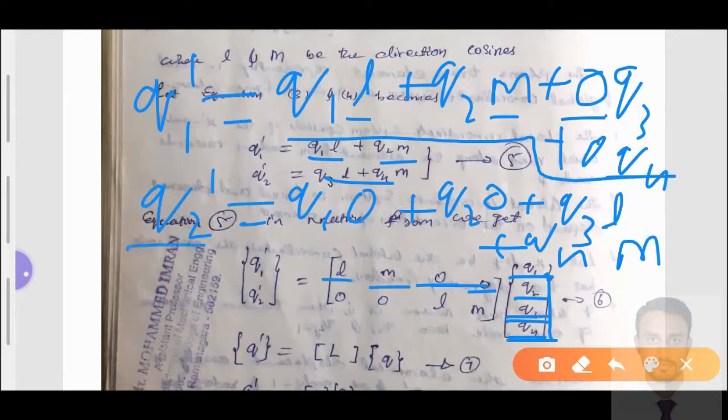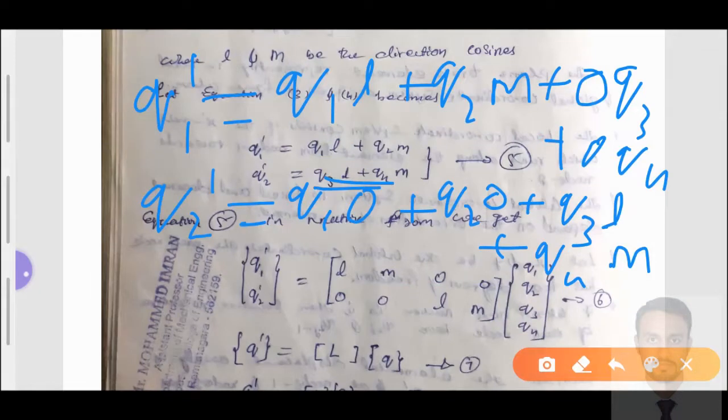Then equation number 2 is generated with respect to the given condition and converted in terms of a matrix with respect to q2 dash. We don't have q1 here, it starts from q3. So q1 and q2 have coefficient 0 0, and q3 has L. Here you can see L, and here you can see M as the q4 coefficient.